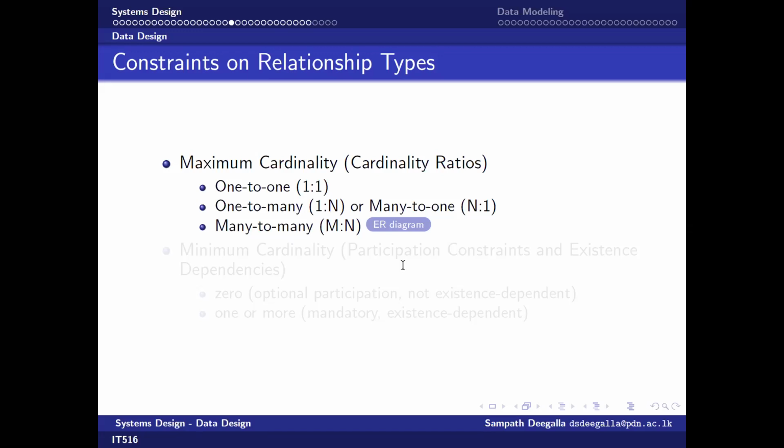So what do you mean by one to one here? Can one of you explain? For the university, there's only one vice chancellor, and one vice chancellor for only one university.